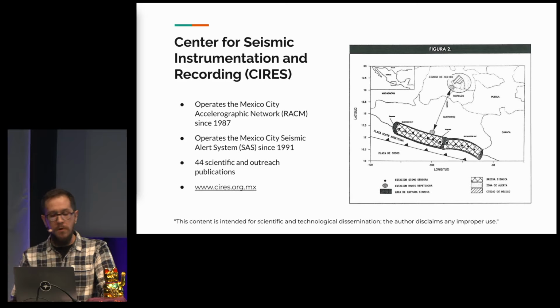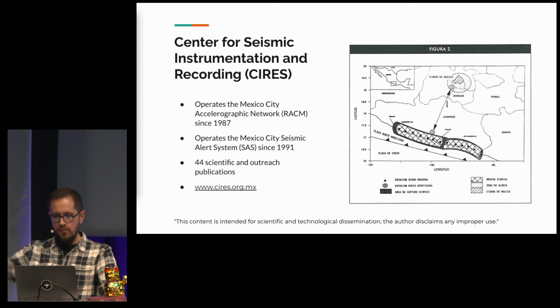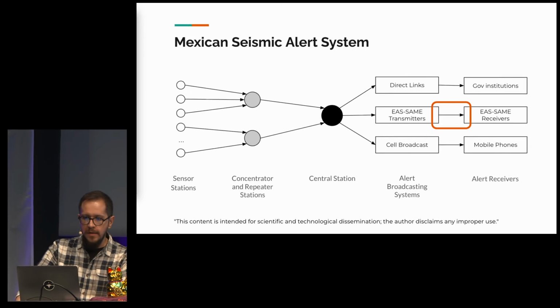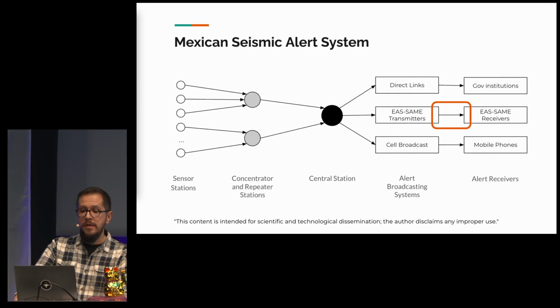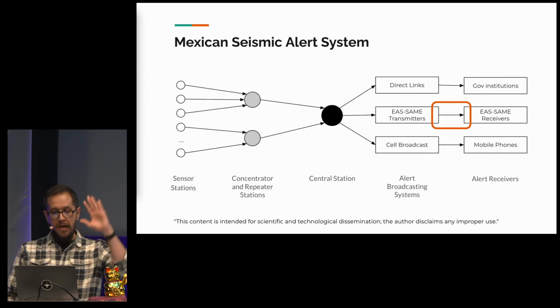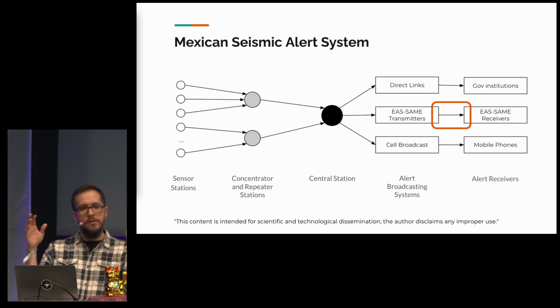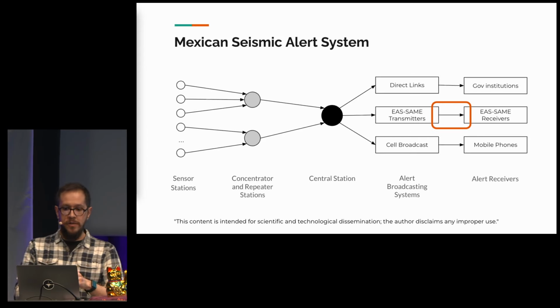At the beginning, there were only 12 sensors on the coast, and a network of repeaters to the city. So this is how the Mexican Seismic Alert System is composed. We have the sensor station that sends the signals to a network of concentrators and repeaters, and then to a central station that's in Mexico City.